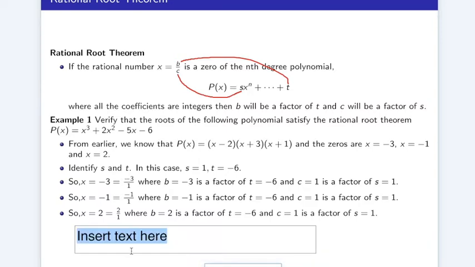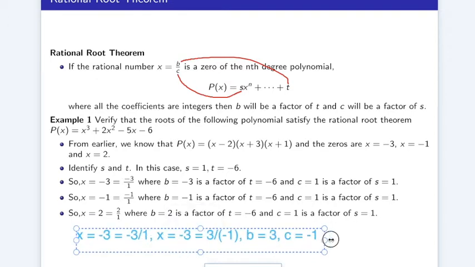Of course, we are saying that x equals -3 equals -3 divided by 1, but we can also say that x equals -3 equals 3 divided by -1. In this case, b will be equal to 3 and c will be equal to -1.